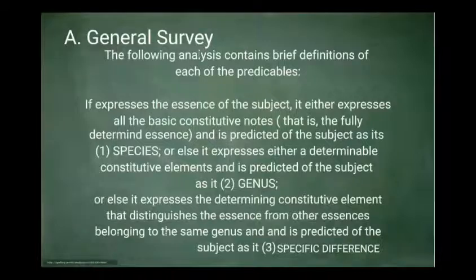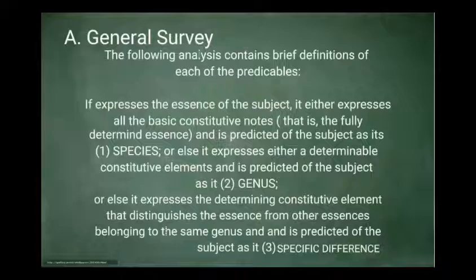The first definition of predicables: if it expresses the essence of the subject, it either expresses all the basic constitutive notes, that is the fully determined essence, and is predicated of the subject as its species. Number two, or else it expresses a determinable constitutive element and is predicated of the subject as its genus.